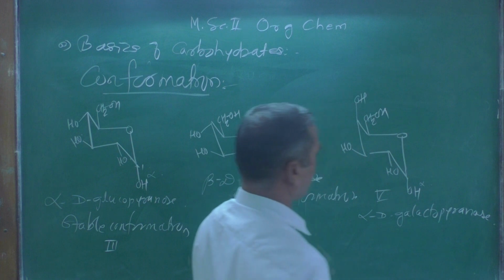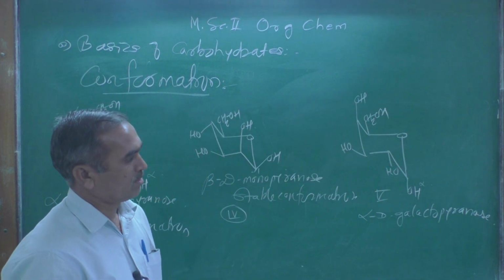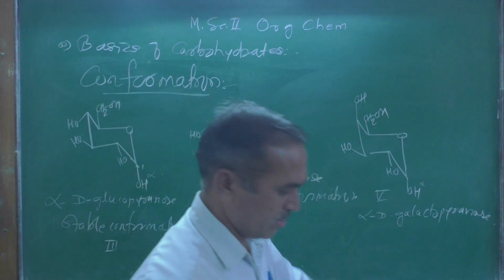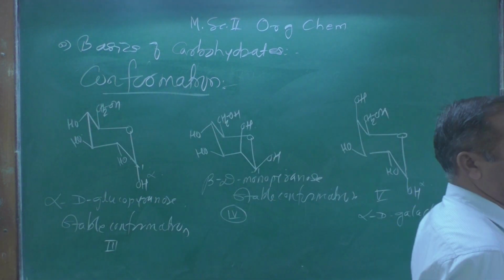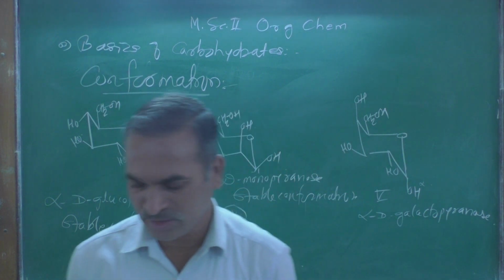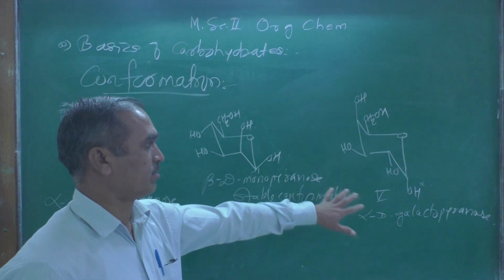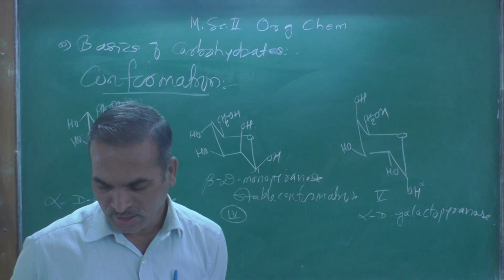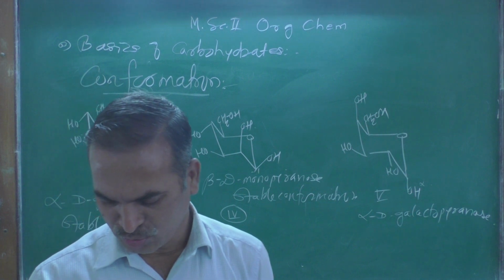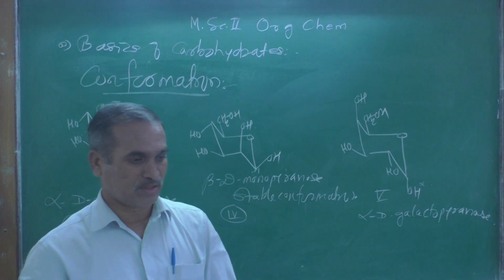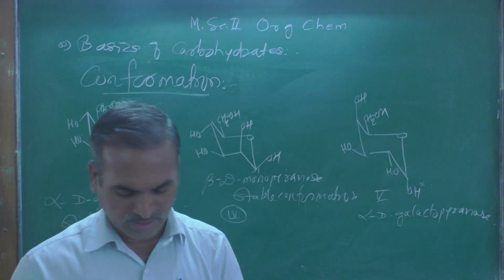We know that there are 16 optical isomers, or stereoisomers, and these are some of the different structures we have drawn, showing how their stability becomes more important than the others.